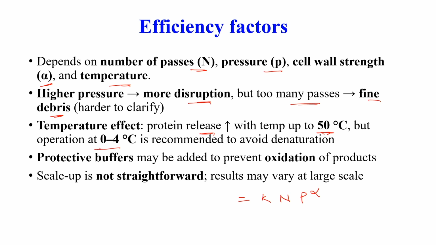But if you are working with biological macromolecules which are sensitive to temperature, it is recommended to work at a low temperature to avoid denaturation. Protective buffer may be added to prevent oxidation of the product. However, this scale up is not very straightforward and results may vary at a large scale.